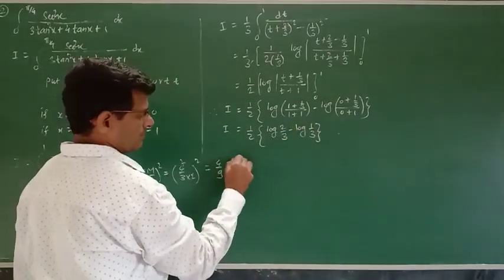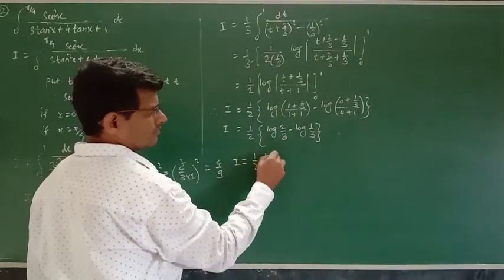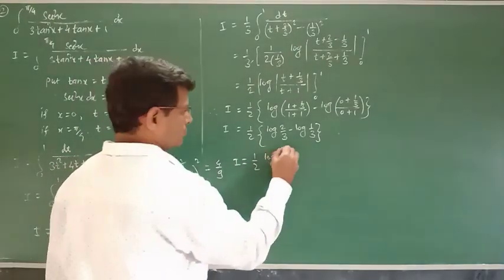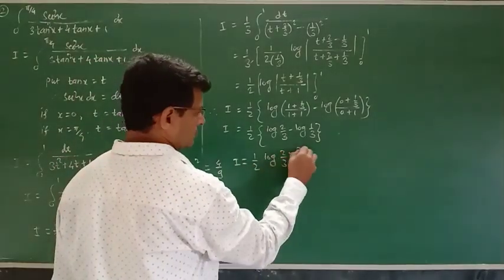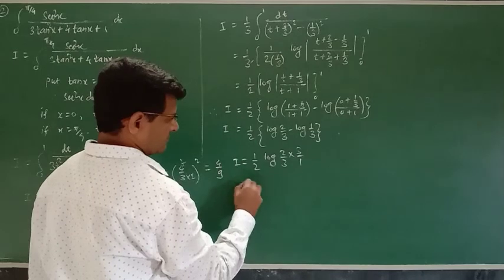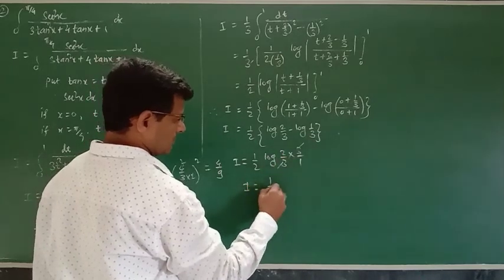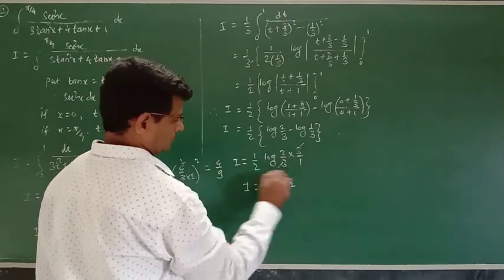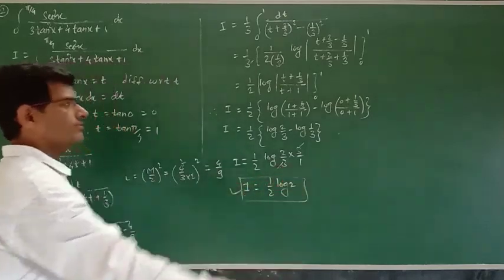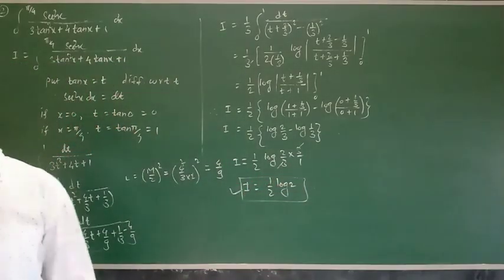So final value I is equal to 1 half into the subtraction, 2 by 3 into 3 by 1. So its final value is 1 half log 2. Okay, this is the final value of the definite integration.